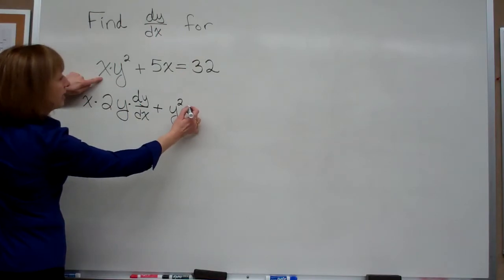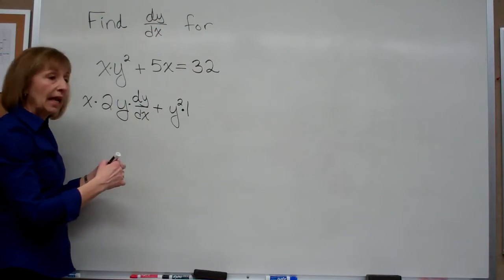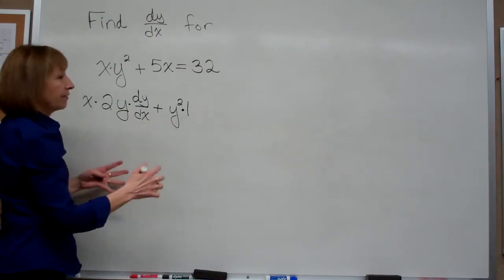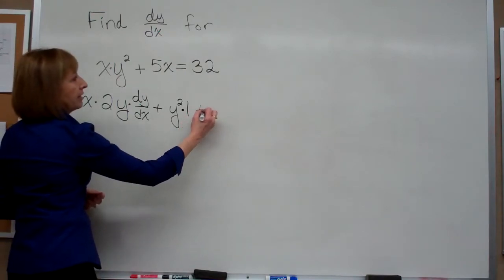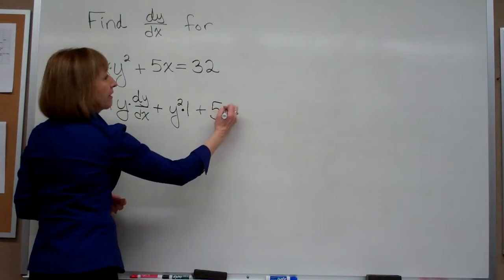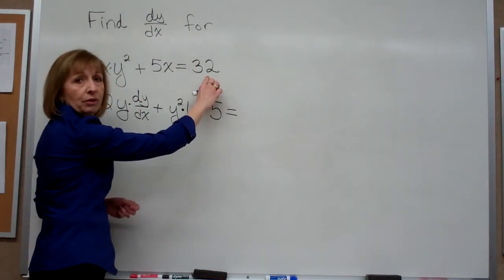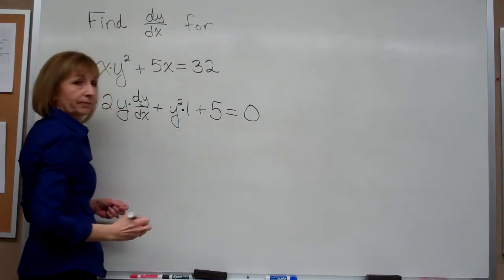My derivative of x is just 1, and that is my independent variable, so it's the direct derivative. I don't have a chain rule application there. Plus, the derivative of 5x is just 5. And then on the other side of the equal sign, the derivative of a constant term, 32, is 0.